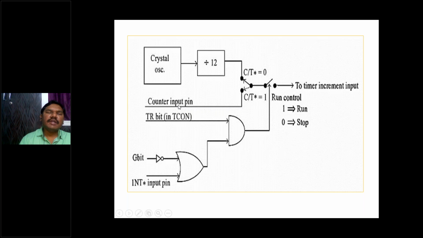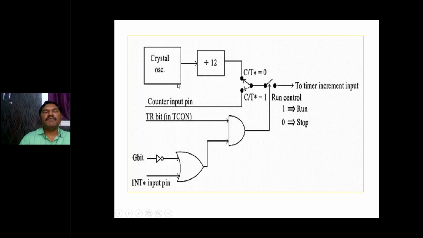Instead, if the signal is coming from the external world, what is the frequency of the device? 8051 is not designed for only one application. Different applications run at different speeds or frequencies. So we use this switch.